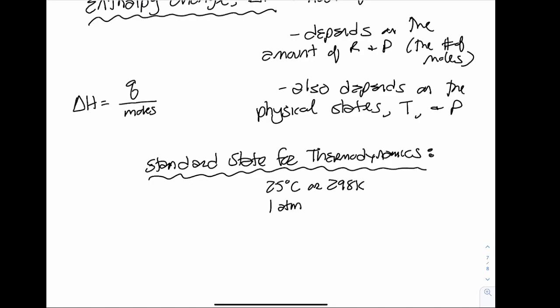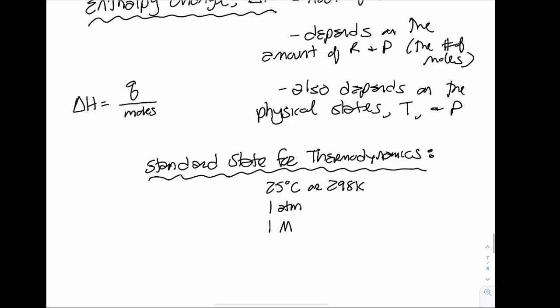And then if it was a solution, it would be a 1 molar concentration. So just be careful. It's close, right? STP for gases, standard temperature and pressure, is 0 degrees Celsius and 1 atmosphere. Standard state for thermodynamics is 25 degrees Celsius, 1 atmosphere. And then if it's a solution, a 1 molar concentration.